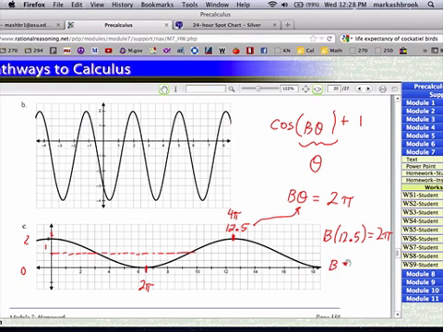So b is 2 pi over 12.5. So that value of b that gets us the right period is 2 pi over 12.5. Amplitude is 1, so we could put 1 or just leave it blank. And then we're going to move up 1. So there it is.